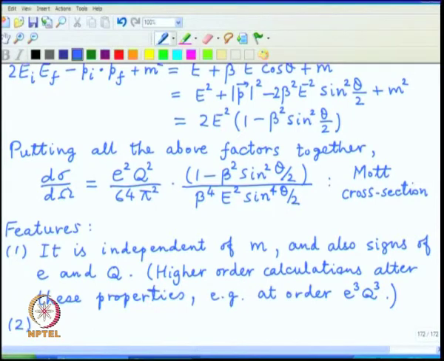Let me make one more observation: what is the significance of this beta squared sin squared theta by 2? It can be given an interpretation.